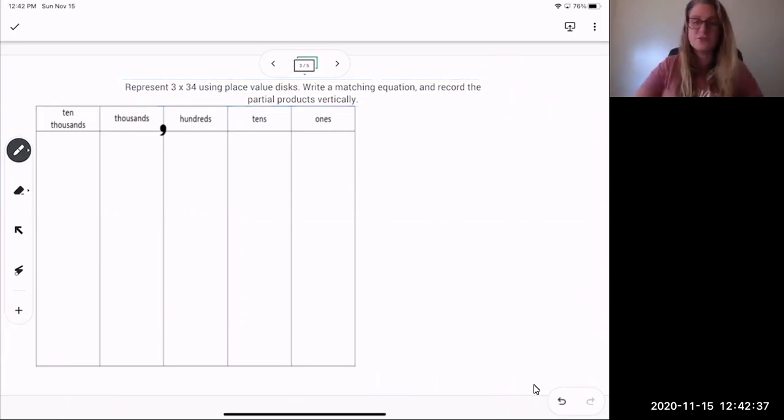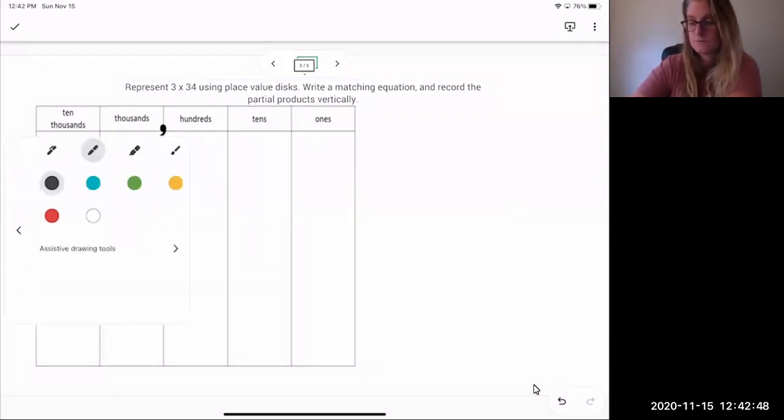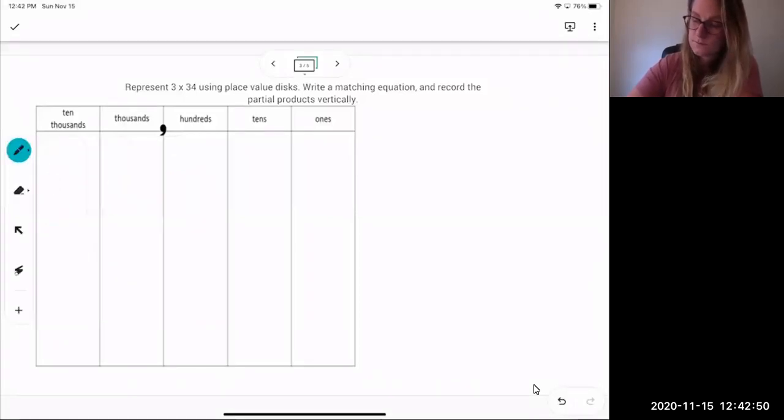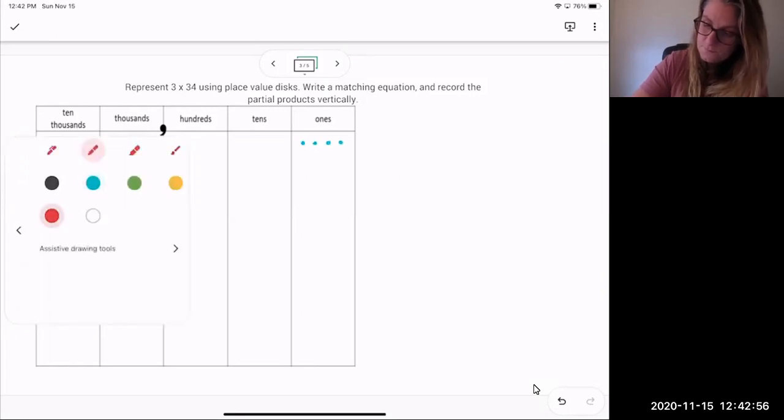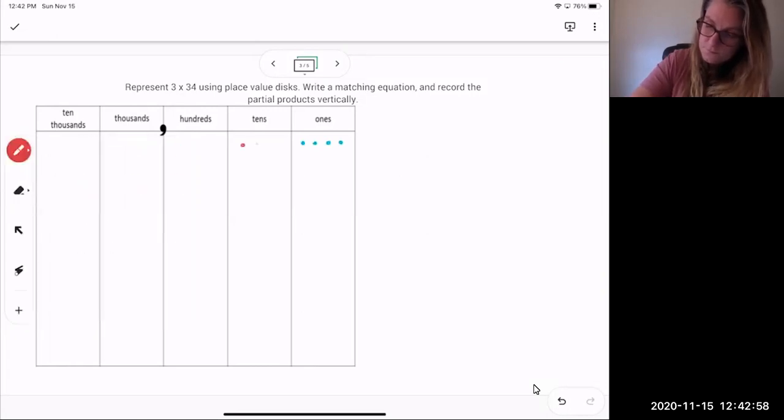So what I want you to do right now is on your place value chart, I want you to represent 3 times 34 using your place value discs. Here I have 34, so now I want to represent that 3 times.